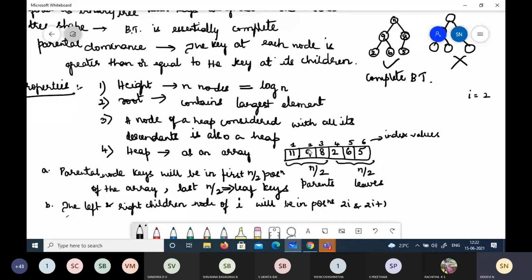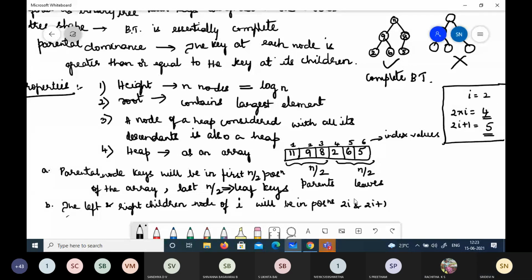How can I find it? By using 2 times i. So 2i is the fourth position and 2i plus 1 is the 5th position. Is it right? Let's check in the diagram. Yes, 9's children nodes are 2 and 6, and their positions are 2i and 2i plus 1. Is it clear now?